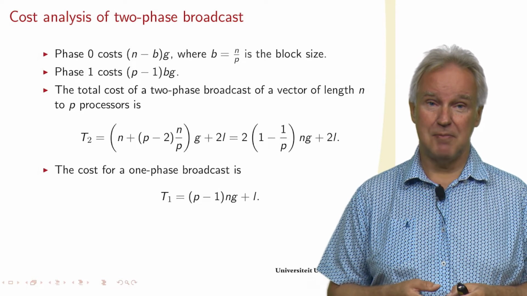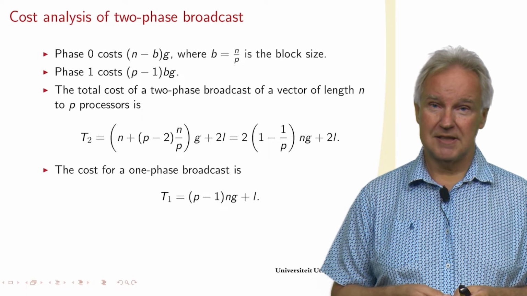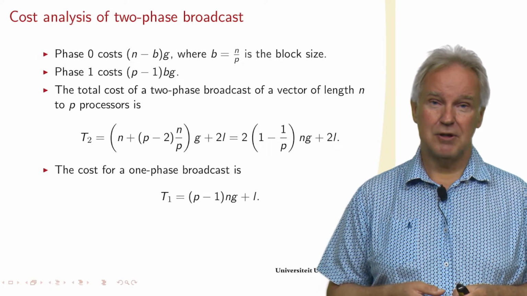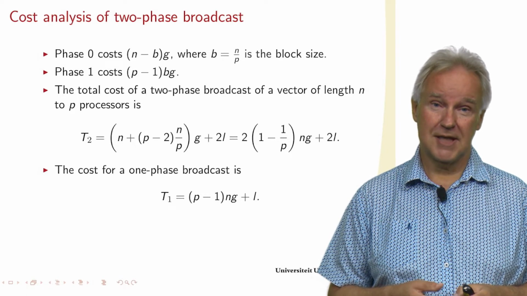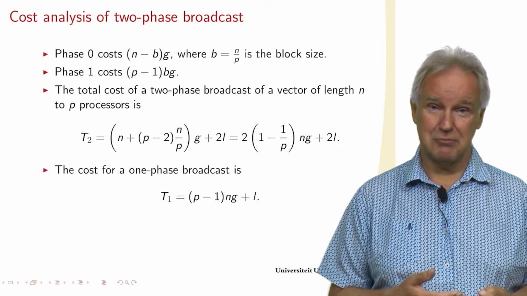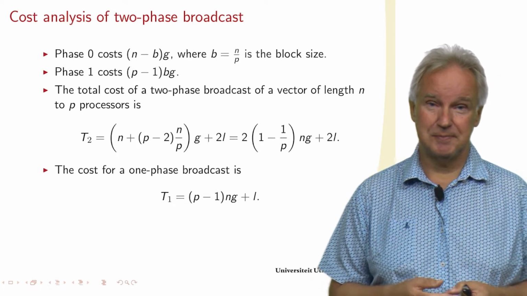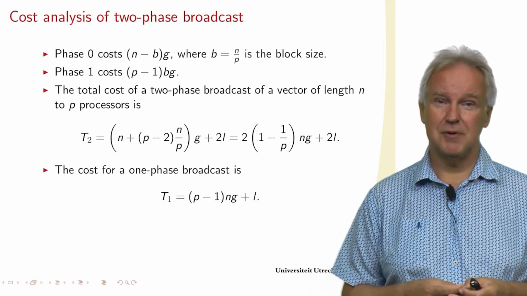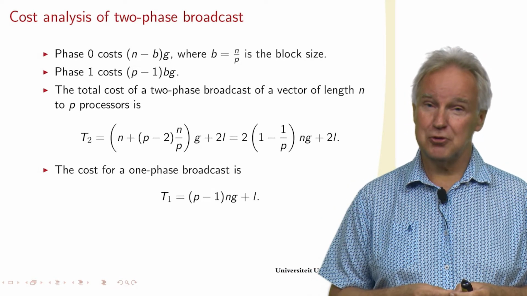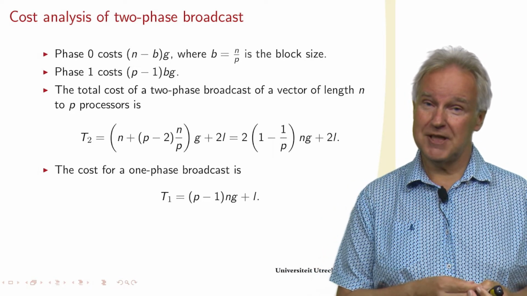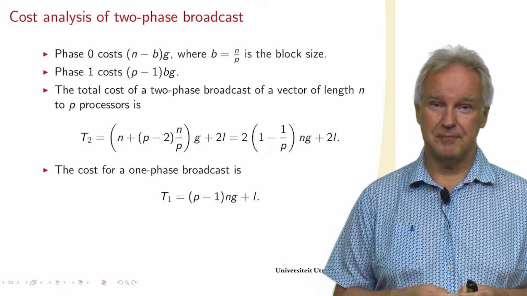We can add them up, and then we get n plus p minus 2 times b times g, because g is the time per data word. And we do have 2 supersteps, so we have 2 synchronizations, 2L.